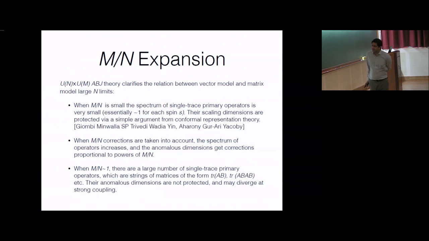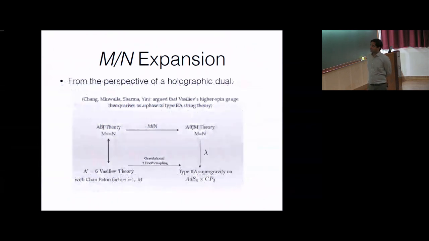And because there's a large number of single trace primary operators, their anomalous dimensions are not protected. And there's a possibility that, say, the anomalous dimensions of higher spin currents diverge at strong coupling, giving rise to a holographic dual.